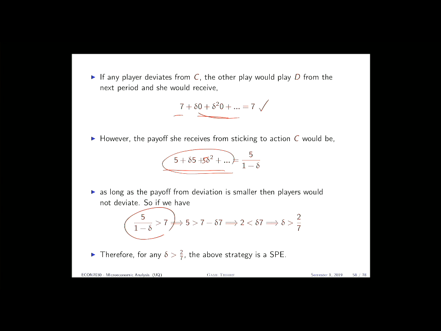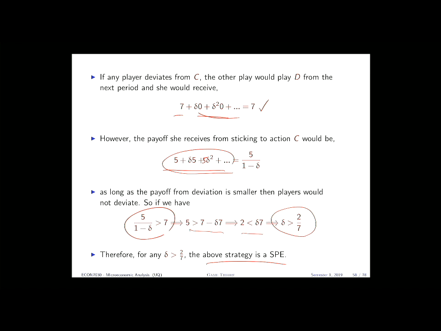As long as this is the case, then players will not have incentives to cheat or defect, because they know cooperation would result in a higher payoff for them for the rest of the game. So again, there will be a little bit of math and calculation here, which results in delta being larger than 2.07. So if delta is larger than 2.07, we can support the trigger strategy as the SPE of the game.